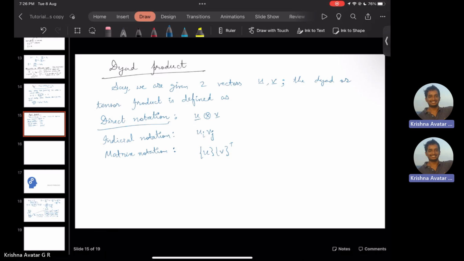And what the dyad product does is it increases the rank. Say if you take a dyad product of two vectors, it gives us a second order, or second rank, tensor.